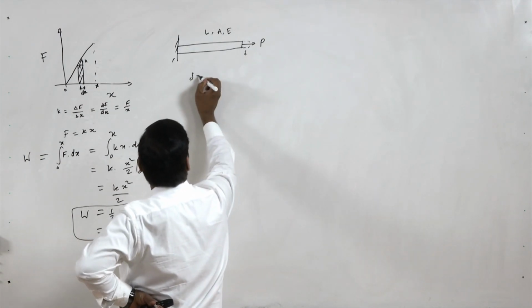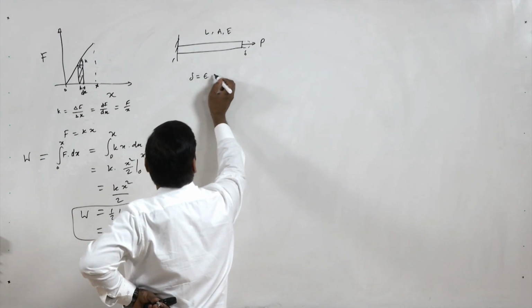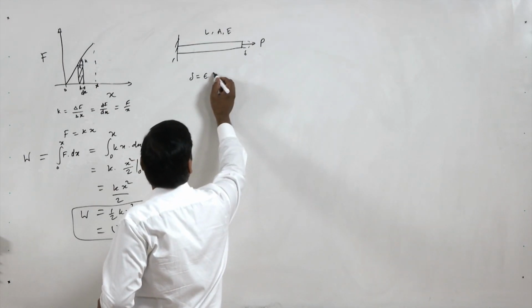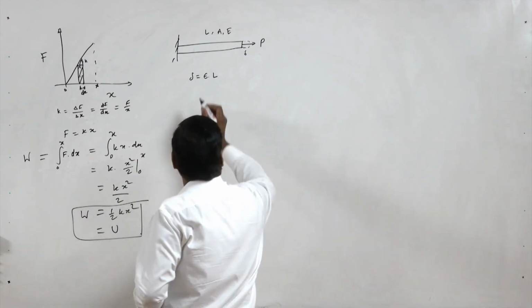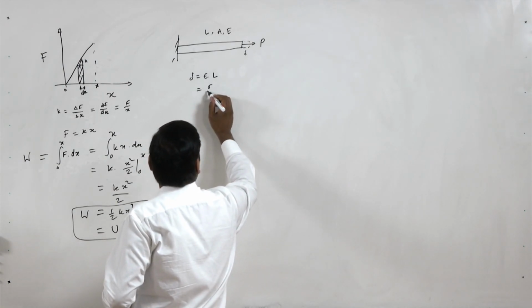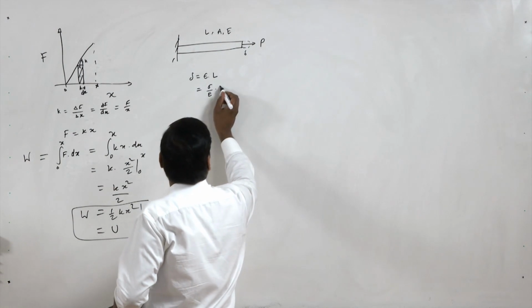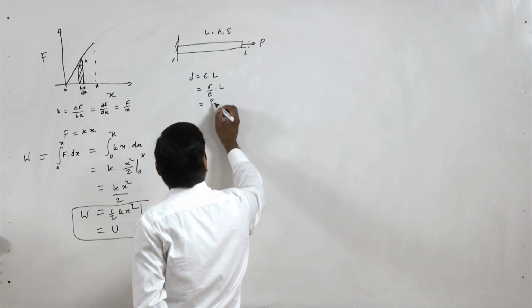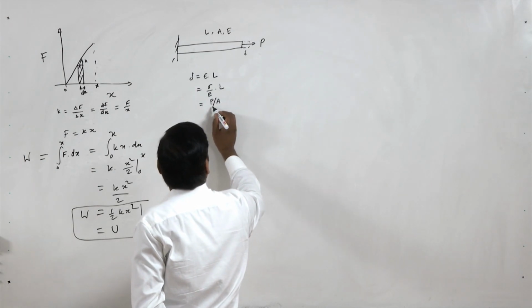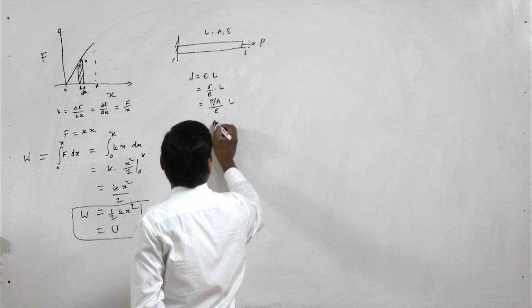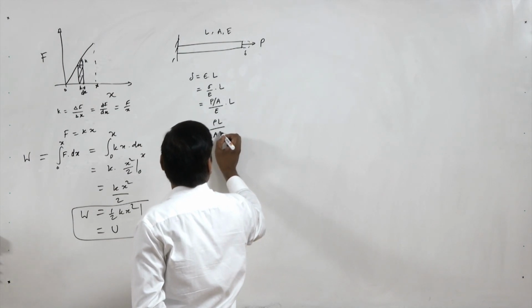So delta equal to epsilon into L, and epsilon is sigma upon E into L. Sigma is force upon area, so P upon A upon E into L, so equal to PL by AE.